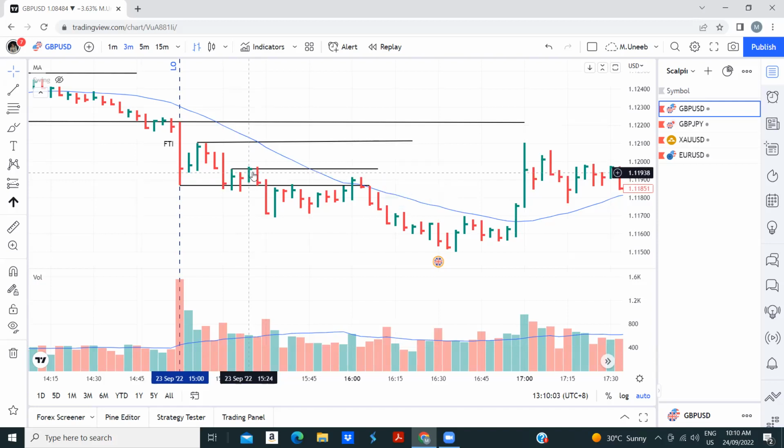So the price breaks down here, huge volume. And then what do we see? The price is breaking through this redistribution range, right? Now, my point is, where would you take your entry? This is the London Open. This is redistribution range.